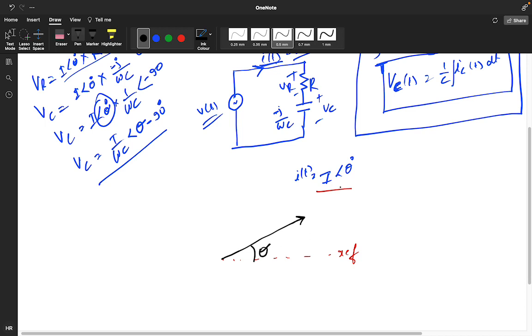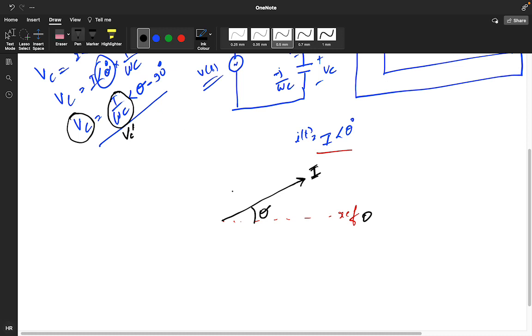With respect to reference it is 0, and this is theta, so it will be from 0 to theta degree. Your current will be, this is I. What about Vc? I am asking about the capacitor voltage. It's having some magnitude. I am taking this as Vc dash. So it is theta minus 90 degree.